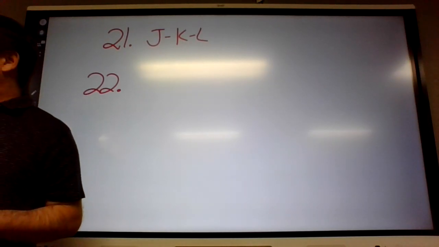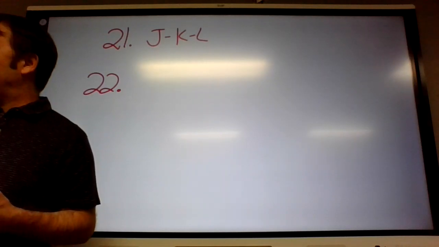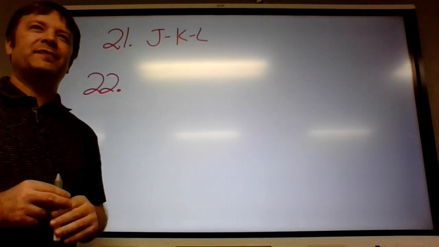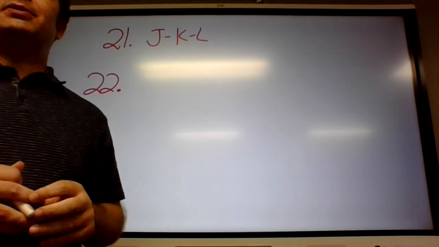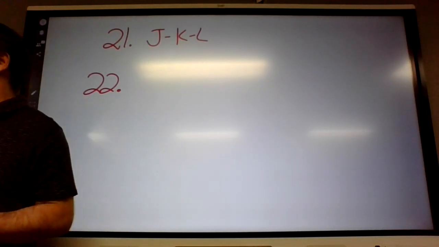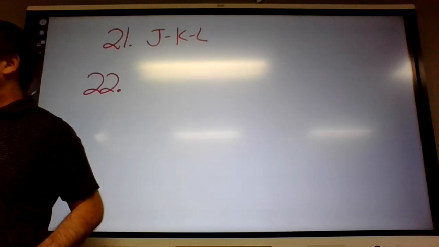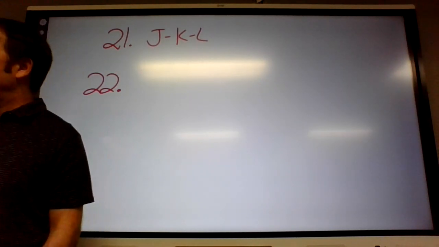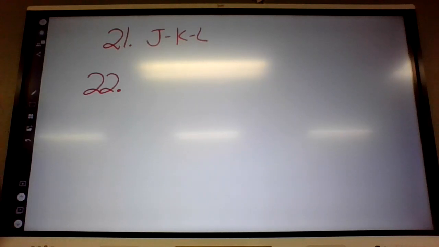Then they say prove that AX equals BY. That's what we're trying to get to. If you look at the last line of the proof, that's what it says. That's how you know you're done.